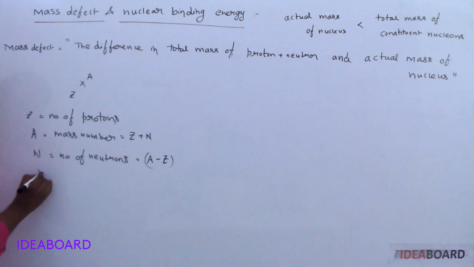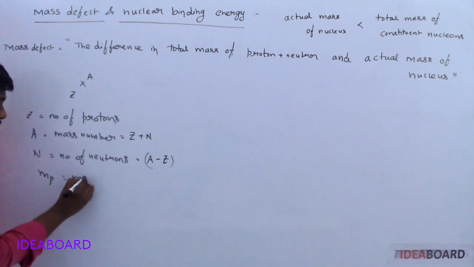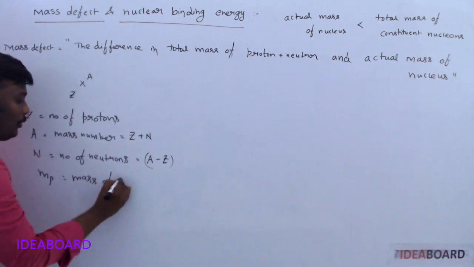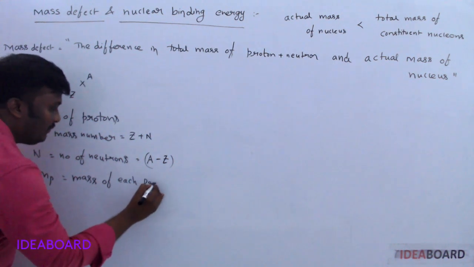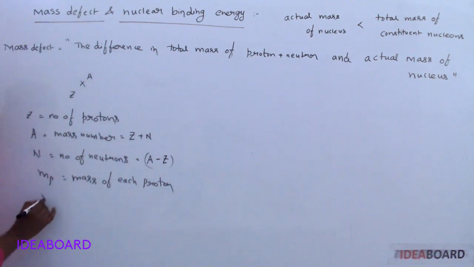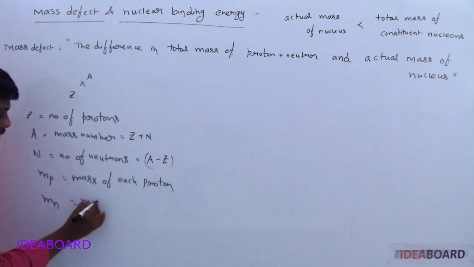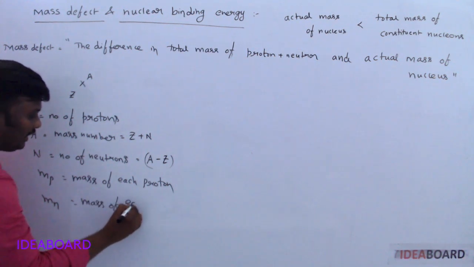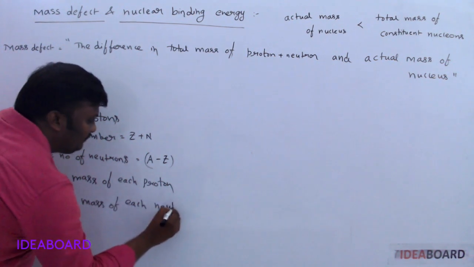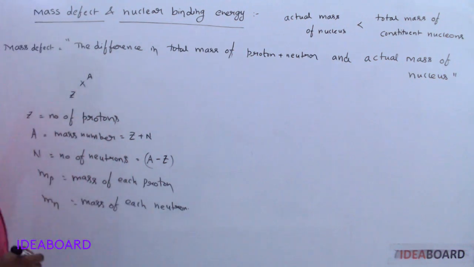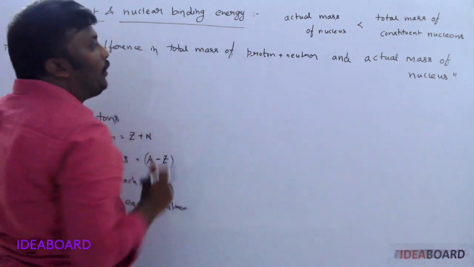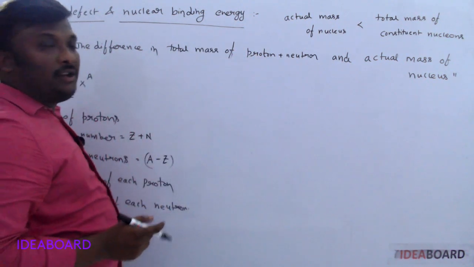Now we have mp. mp is the mass of each proton. mn. mn is the mass of each neutron. Then first of all you may find the total mass of protons and neutrons.